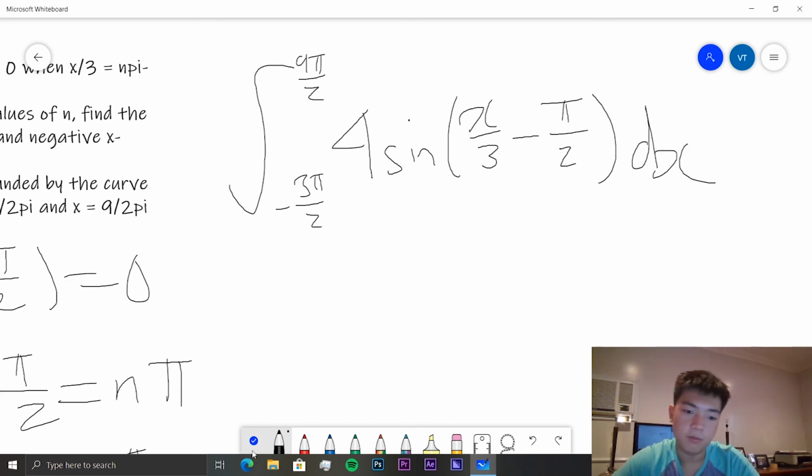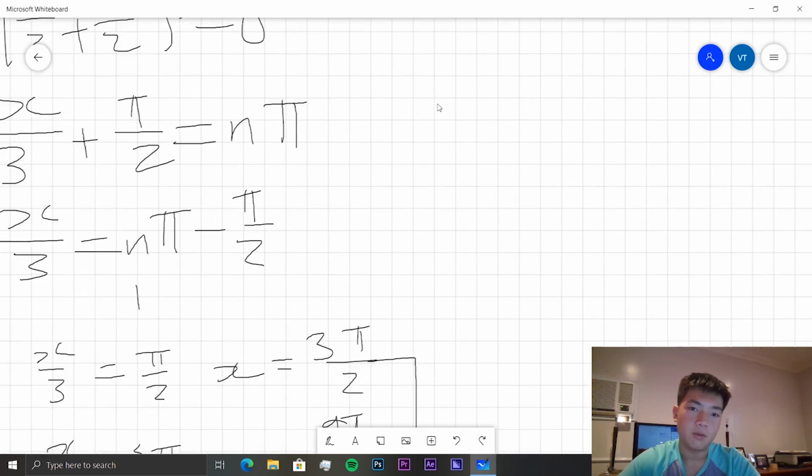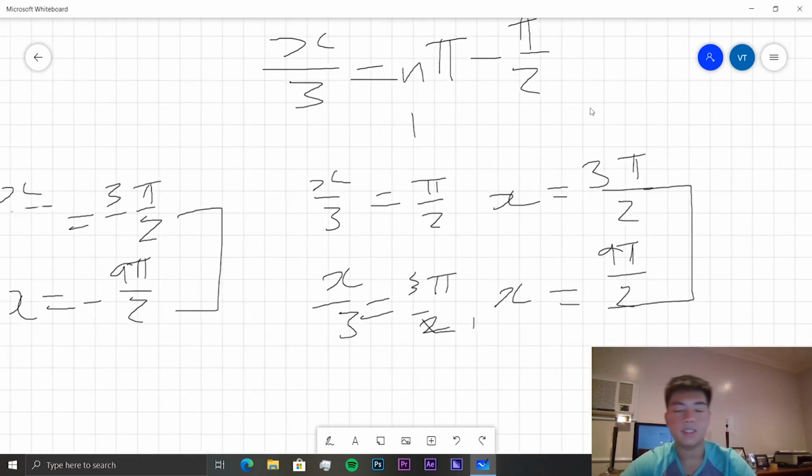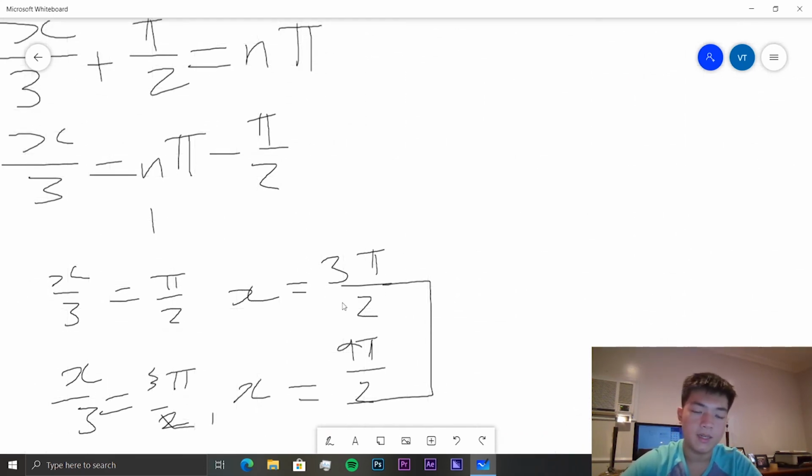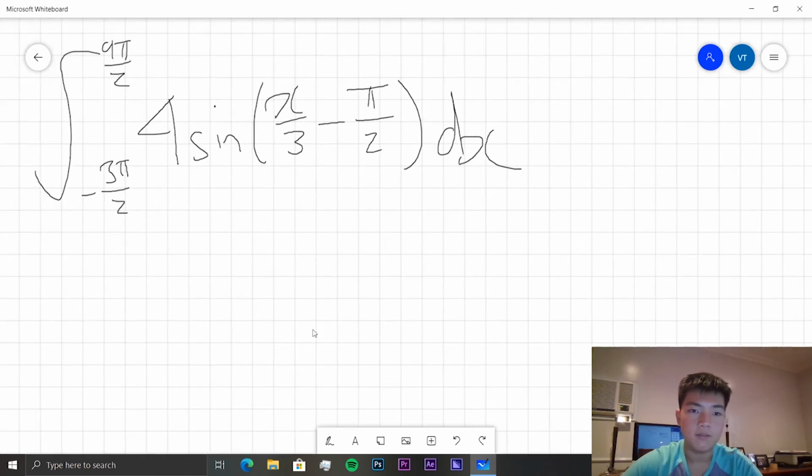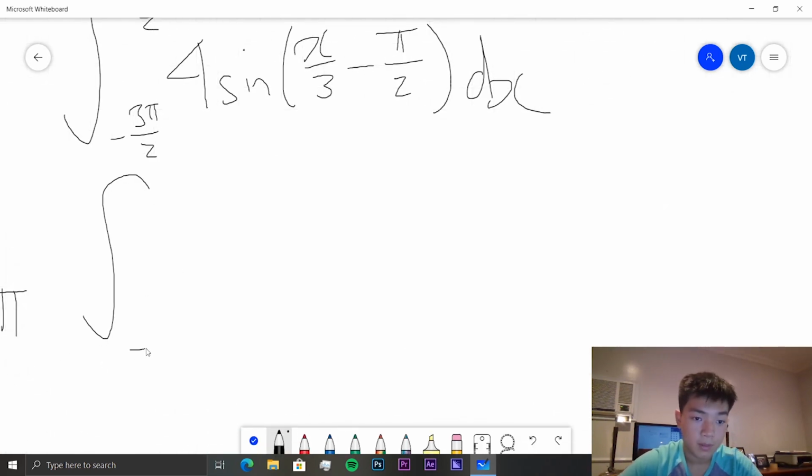And so, well, we know that this flips twice. So this flips once because there's one x-intercept between the two. So we need to find the integral between negative 3 pi over 2 and 3 pi over 2. Let's just integrate this first.